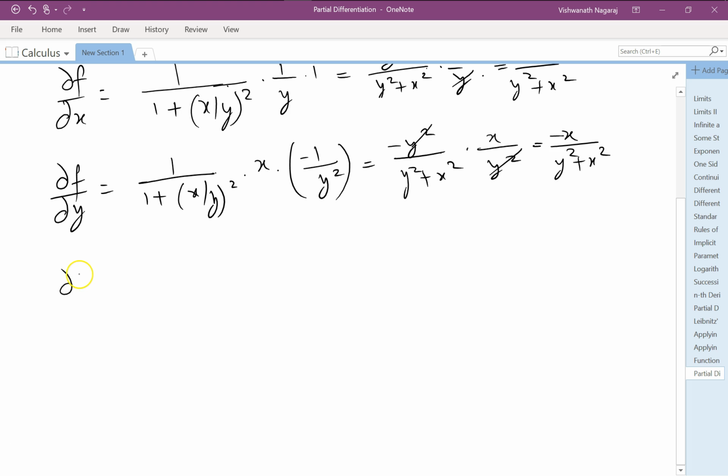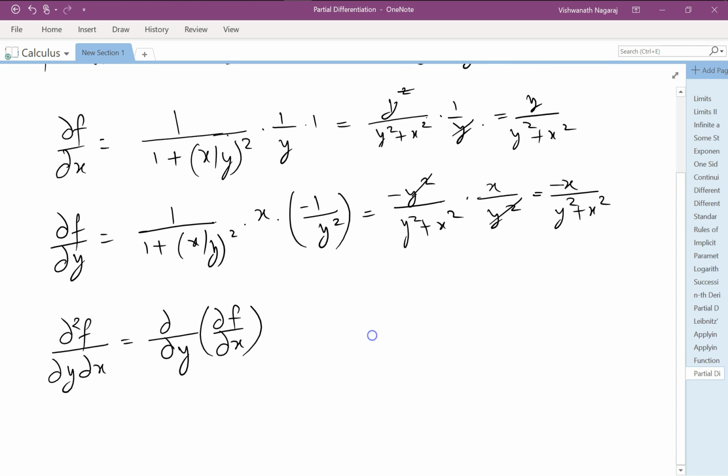Dou square f by dou y dou x. So here what are we doing? So dou f by dou x we have already done. That we are going to differentiate with respect to y. So here we will treat x as a constant. Okay, so this would be what?